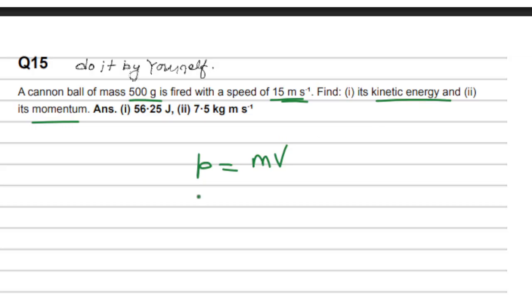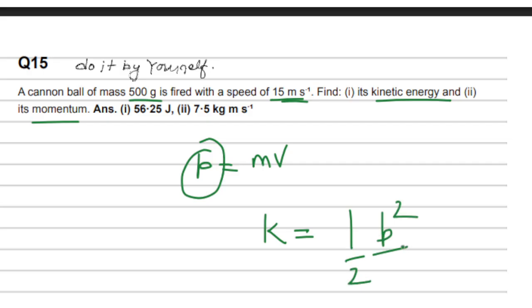And what about kinetic energy? We know the momentum, so we can calculate easily. There is a relation we should remember: K is half p square divided by m, or p square by 2m. So put the value of momentum which you have calculated here, and you will be able to calculate the kinetic energy also.